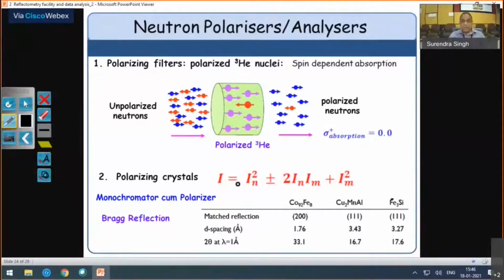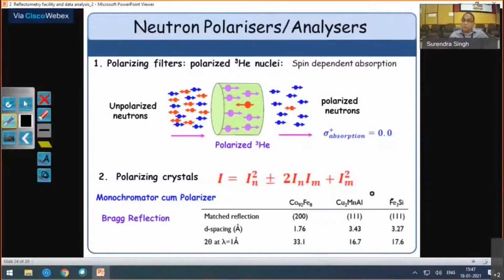So there are methods. Okay, sorry, this whole thing is I square. The left side is I square equal to I_n square plus 2 I_n I_m plus I_m square. So what happens for spin up? There are a few materials, like the Heusler alloy Cu2MnAl, and not for all planes, but for one plane which has a d spacing of 3.43 angstrom. Because the magnetic structure as well as the nuclear structure has an equal component, I_n equal to I_m for this material, and the plus minus comes for spin up and spin down.